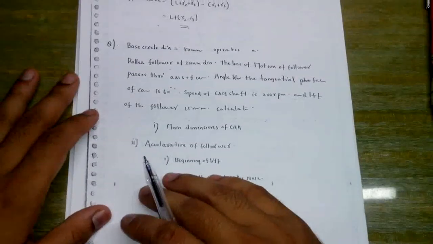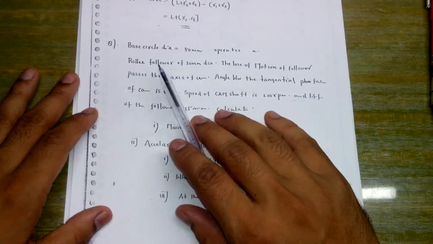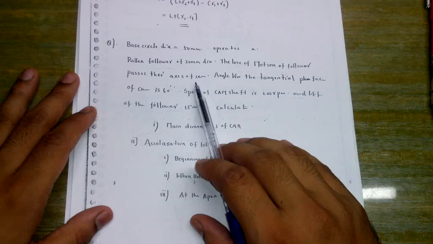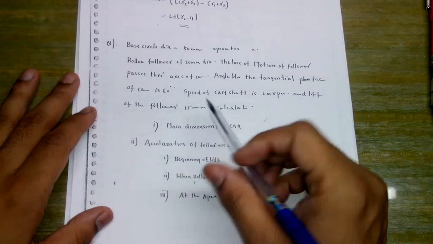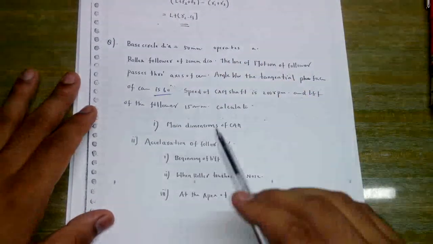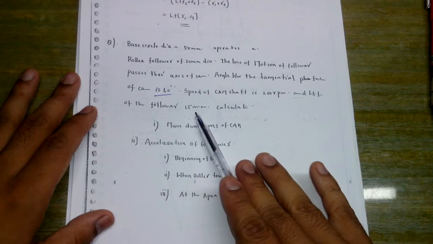A question has also been given: the base circle dia is given, the roller follower is 20 mm dia, the line of motion of the follower passes through the axis of the cam, the angle between the tangential faces of the cam is 60 degree, the speed of the camshaft is 200 rpm and the lift of the follower is 15 mm.